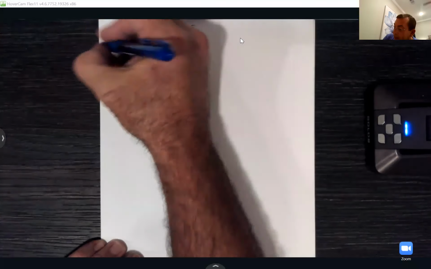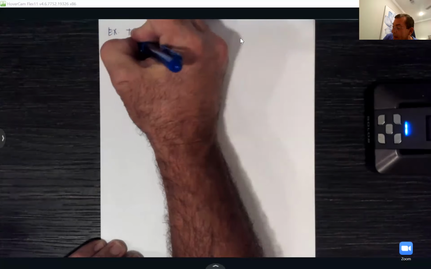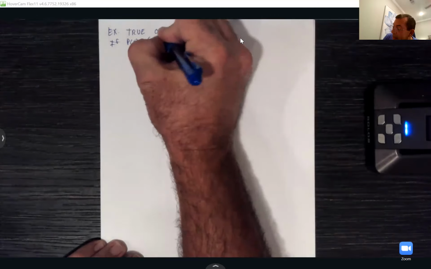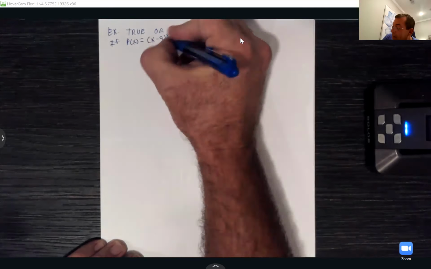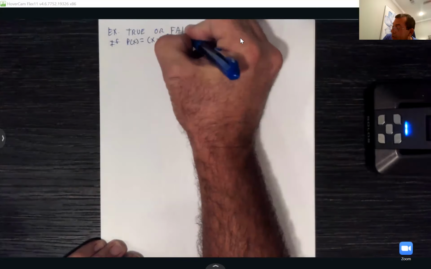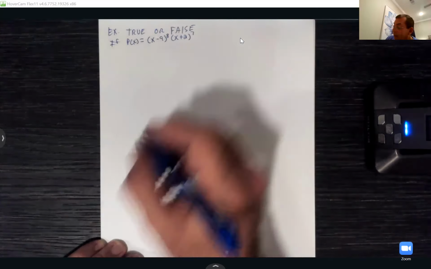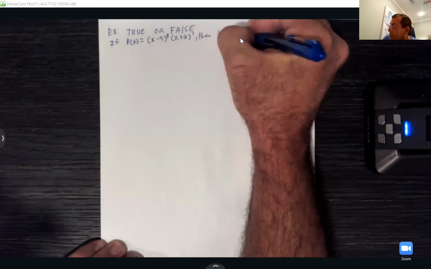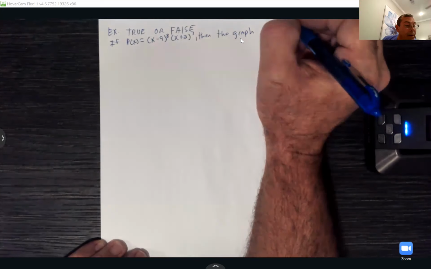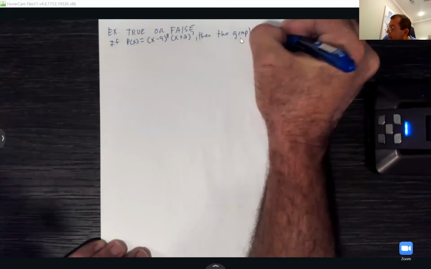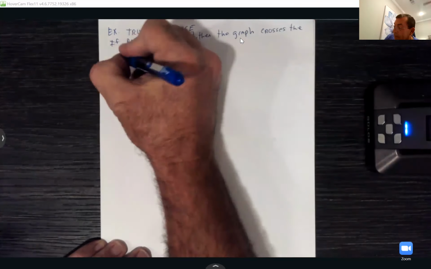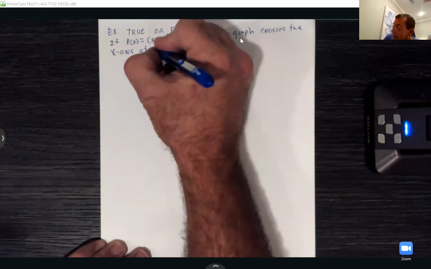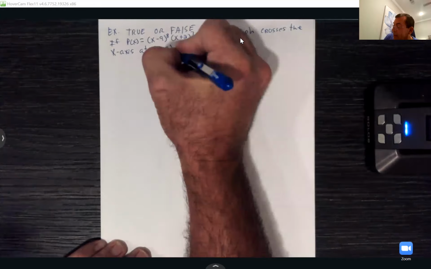So if P of X equals X minus 9 to the 8th times X plus 2 to the 7th, then the graph crosses the x-axis at the point 9, 0.